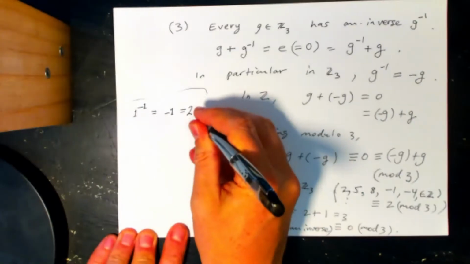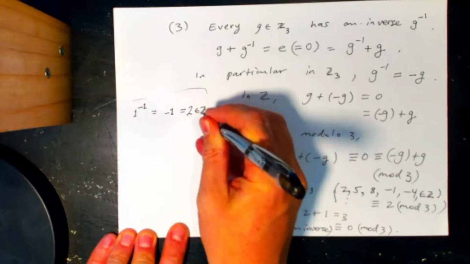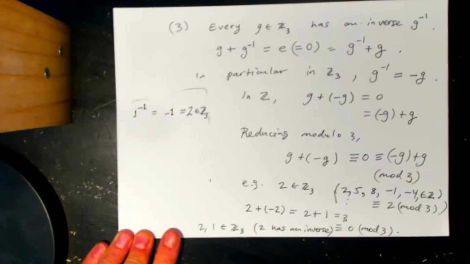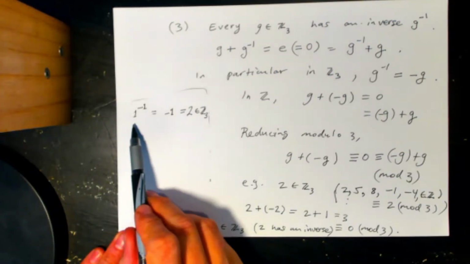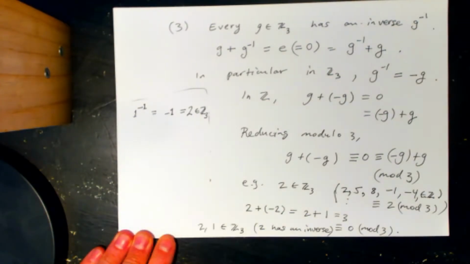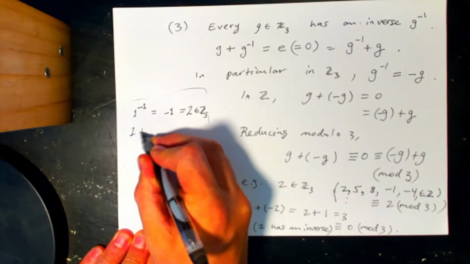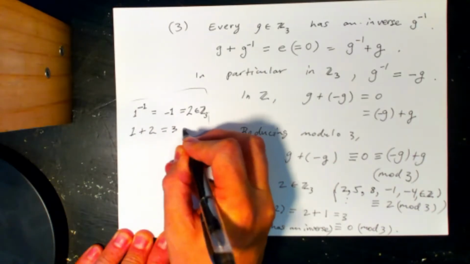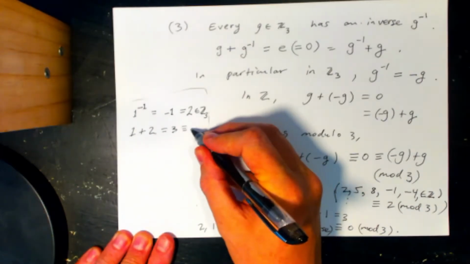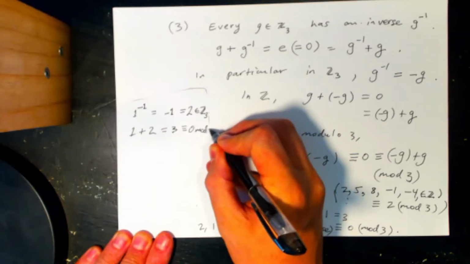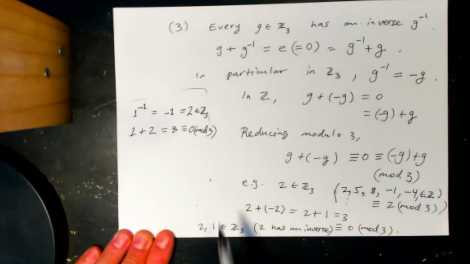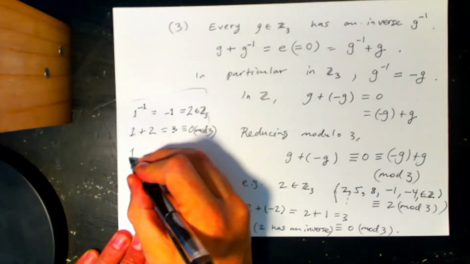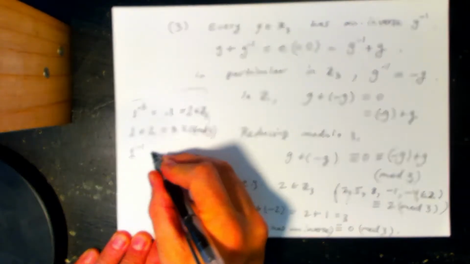And so now this is a representative of that remainder class, integers mod 3. So the inverse of 1 is 2, and we have 1 plus 2 is equal to 3, which is congruent to 0 mod 3. Again, this is a very simple example because 3 is not very large. Okay, so we have the inverse so far: the inverse of 1 is 2.